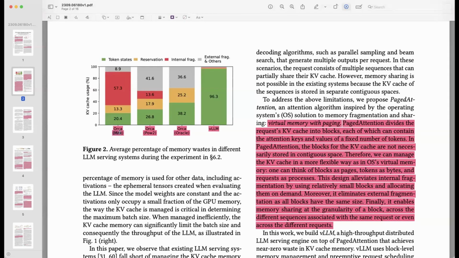Max means, suppose your LLM supports a maximum sequence length of 2048 tokens, then for every request you are basically allocating 2048 token memory space.